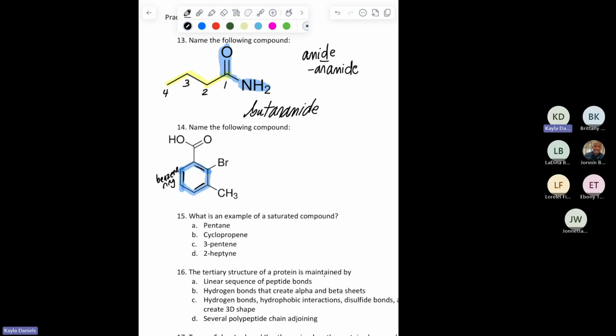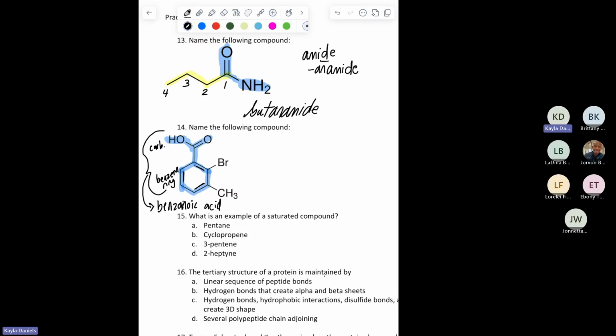When you have that benzene ring attached to a carboxylic acid, so there's my carboxylic acid, I'm going to just label carb. The whole thing is called benzenoic acid. So that whole thing is called benzenoic acid.